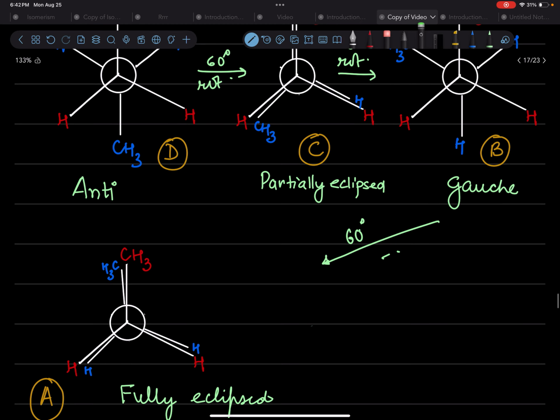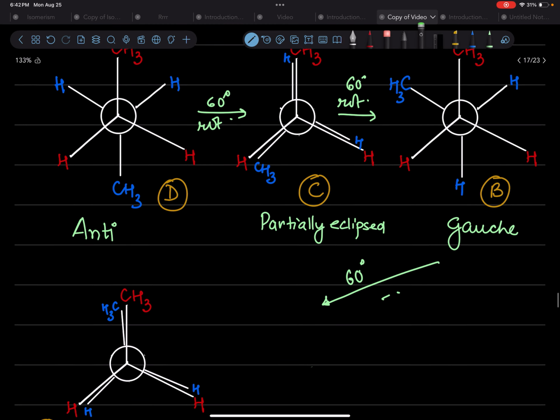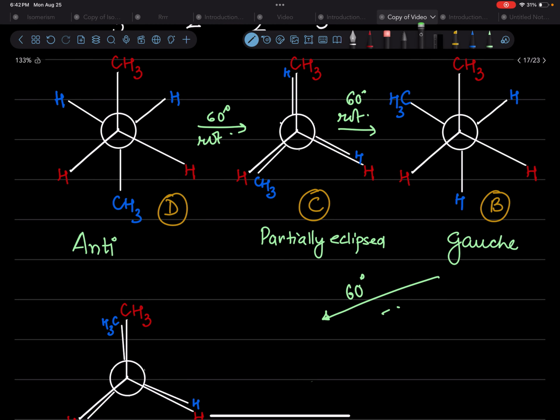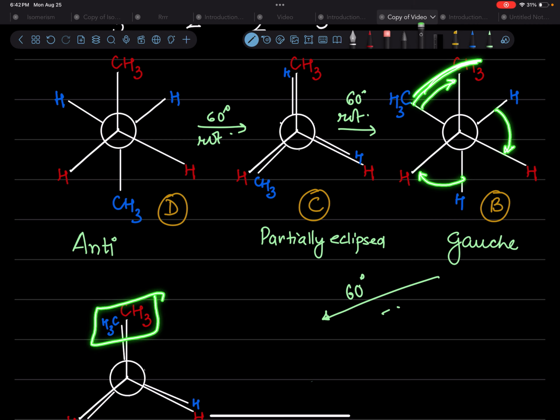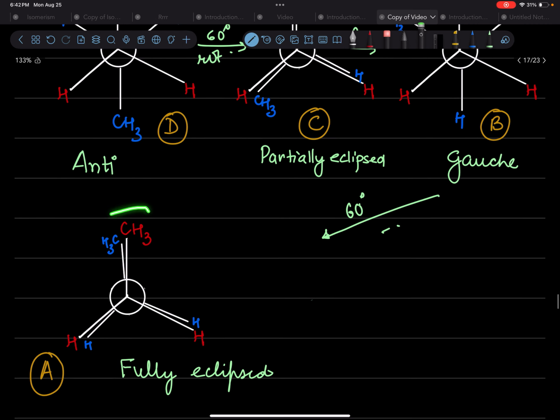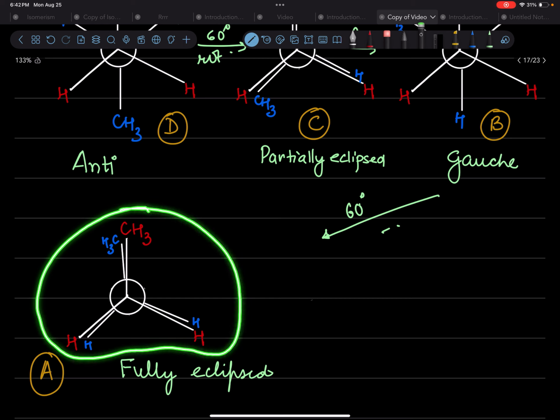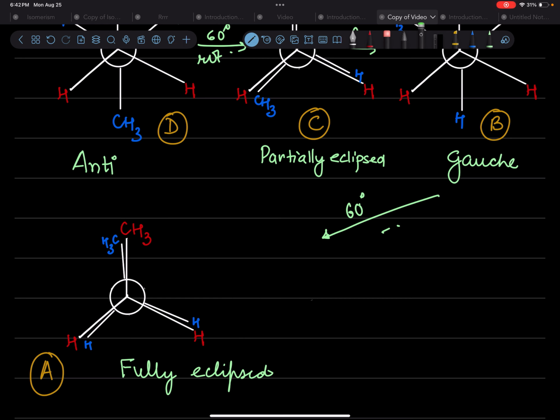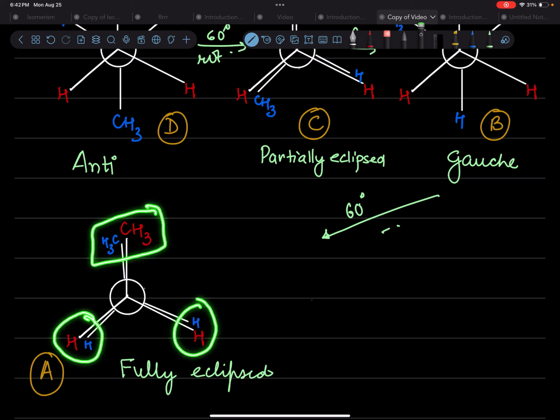Now, if you rotate this conformation by 60 degrees, this hydrogen would come here, methyl will come here, and this hydrogen will come here. So methyl is going to now cover the methyl. So we get this type of conformation, which is an eclipsed conformation, and it is a fully eclipsed conformation because the 2 big groups are covering each other. Similarly, 2 hydrogens are eclipsing each other.